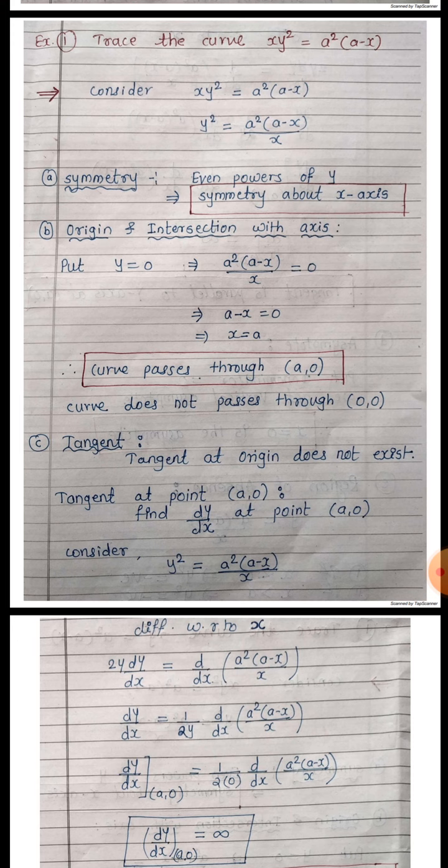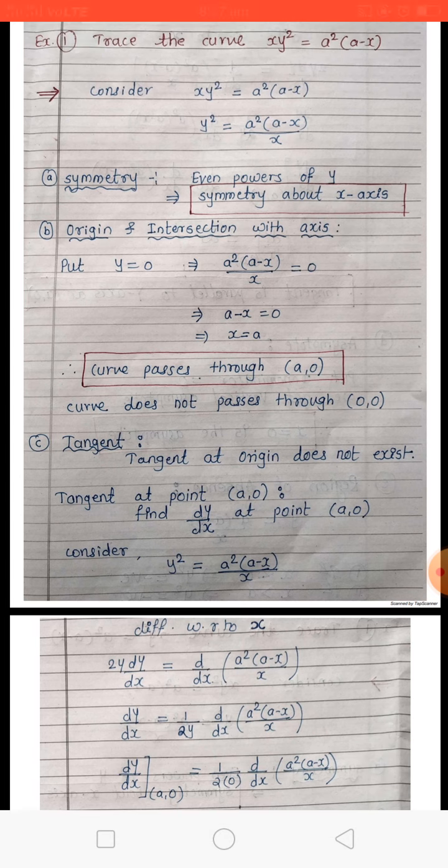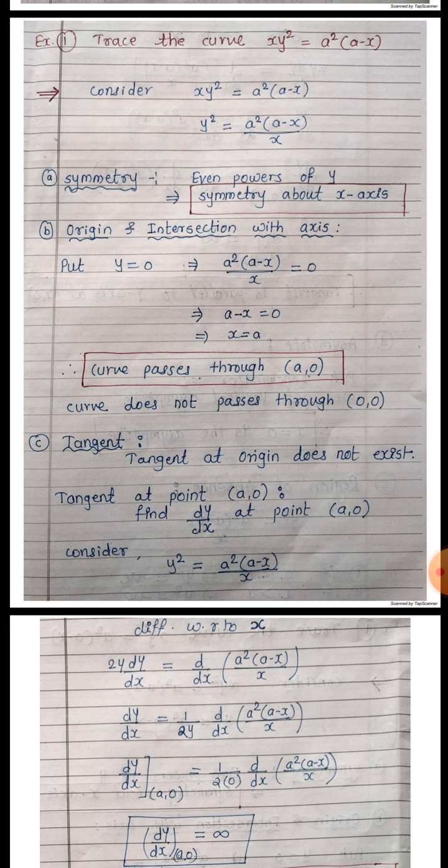Therefore, the curve passes through the point (a, 0). Here, the curve does not pass through the origin. For finding the tangent, we only find the tangent at point (a, 0) because the curve does not pass through the origin. Here, third point, tangent. Tangent at origin does not exist. We find the tangent at point (a, 0).